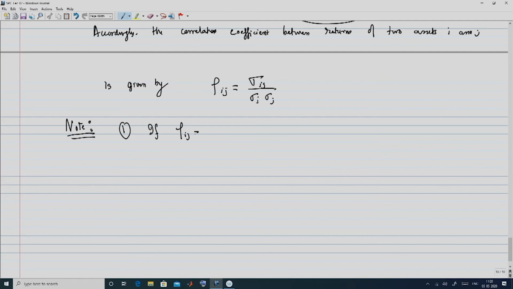If rho ij is equal to plus 1, then this implies that returns of securities i and j move in the same direction at the same time.